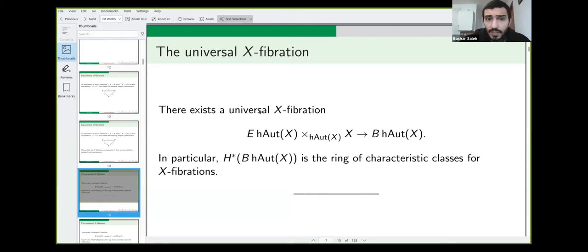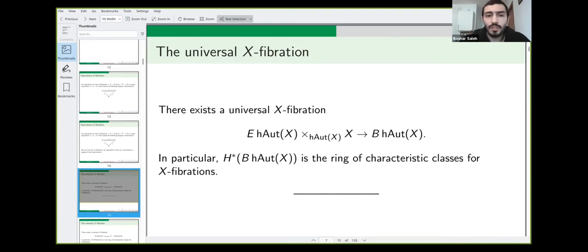And thus every X fibration is given by a pullback of this fibration. So in particular, we have that the cohomology of this classifying space is the ring of characteristic classes of X fibrations.